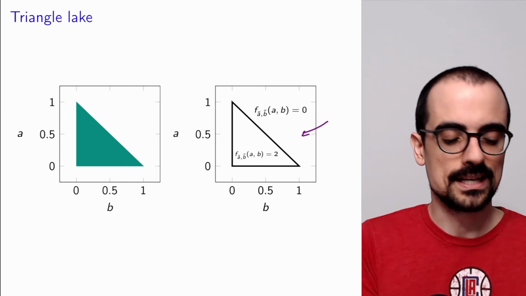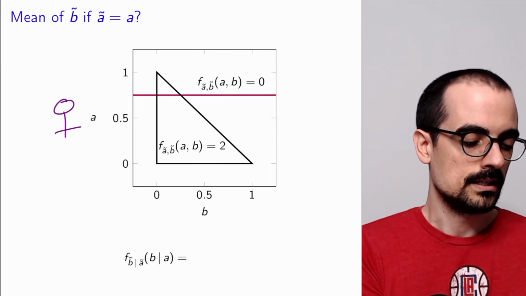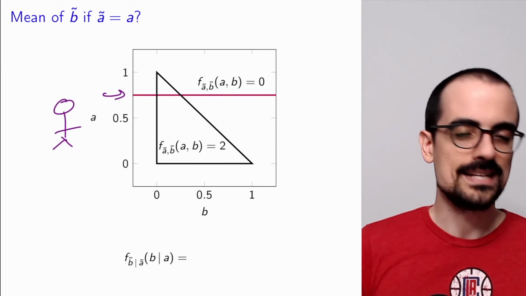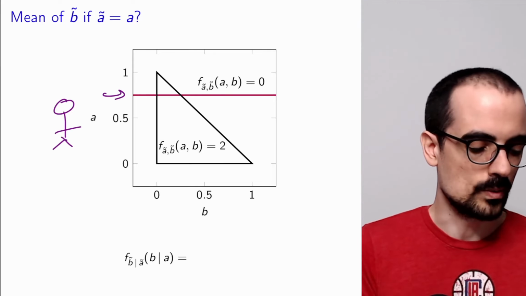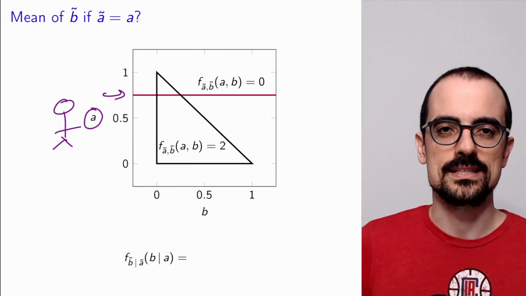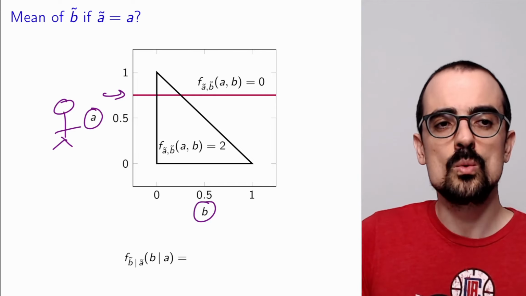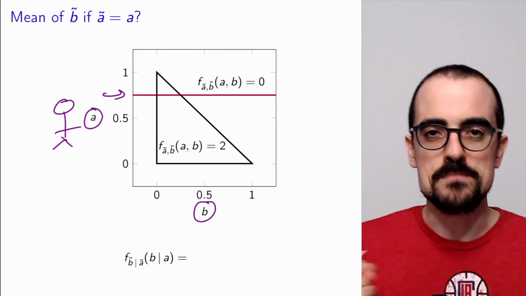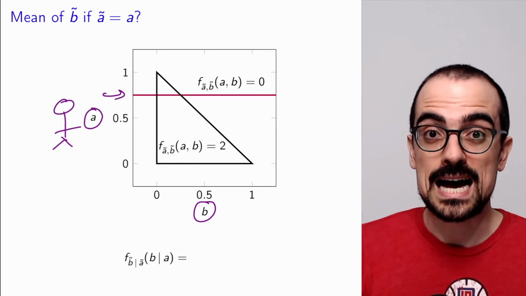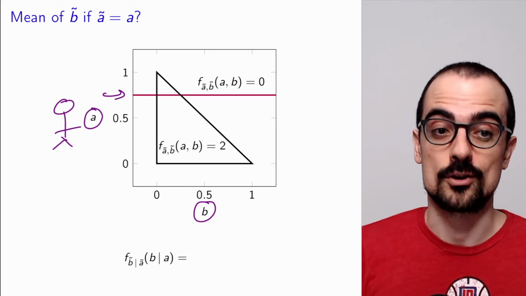And now what we're asking is, imagine that we're standing over here and we see that the otter is somewhere on that line. So we know that A is equal to 0.75, I think it is in this case, but we don't know anything about B. What is the conditional mean of B, the conditional average of the horizontal coordinate given this information?